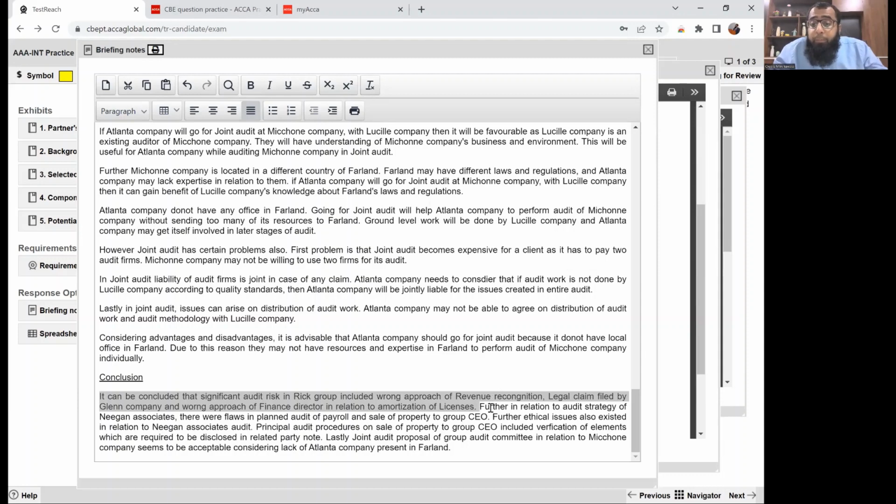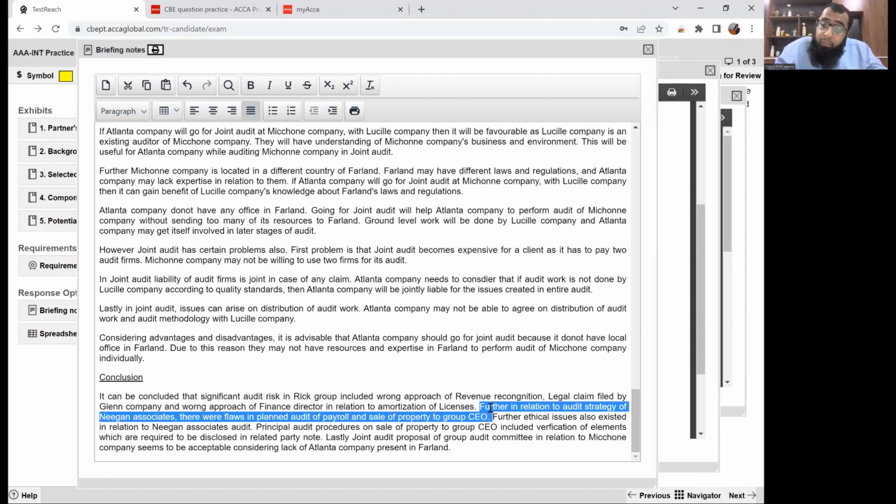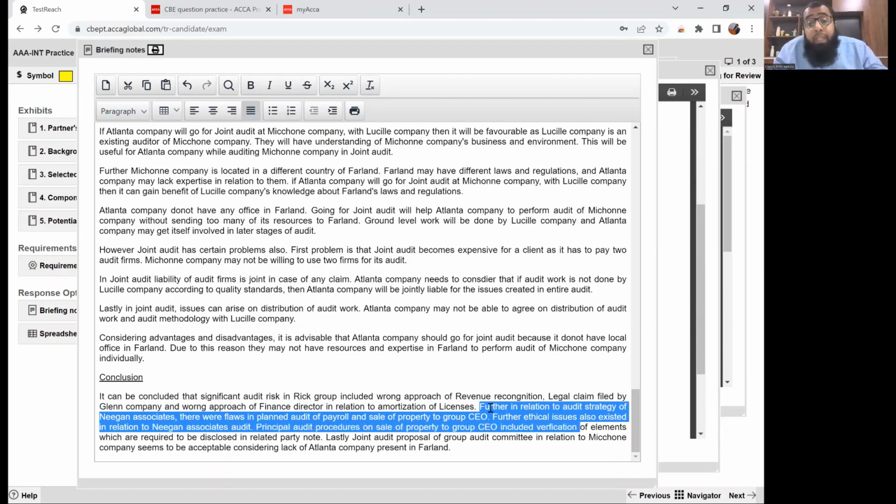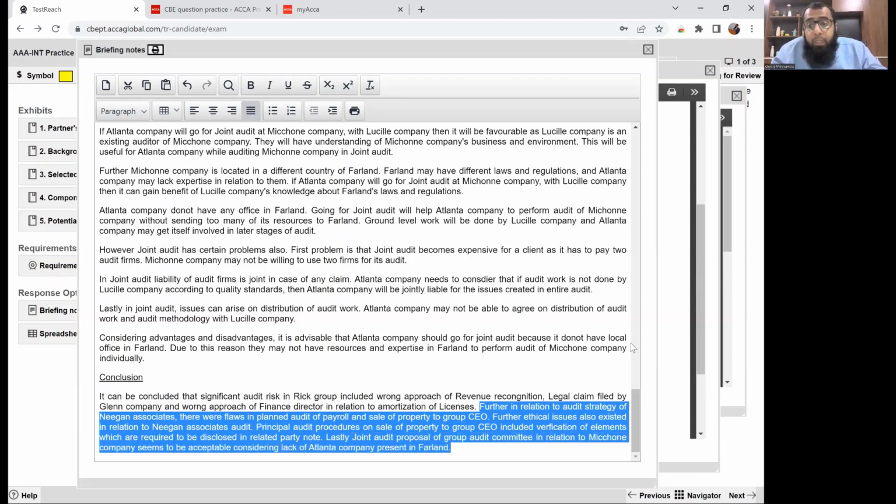So further, in relation to audit strategy of Negan Associates, there were flaws in planned audit of payroll and sale of property. Further ethical issues also exist. Then for principal audit procedures, we said that majorly the procedures were related to related party disclosure. And lastly, there was joint audit proposal.